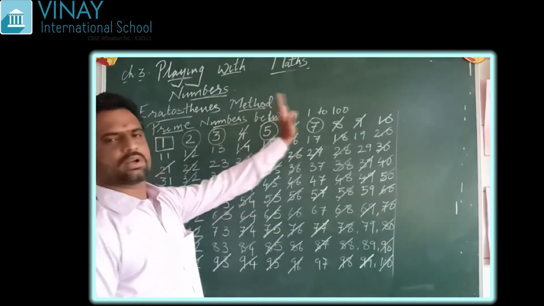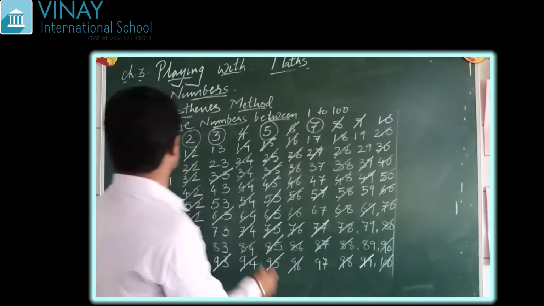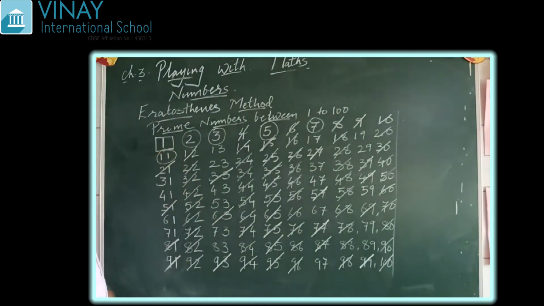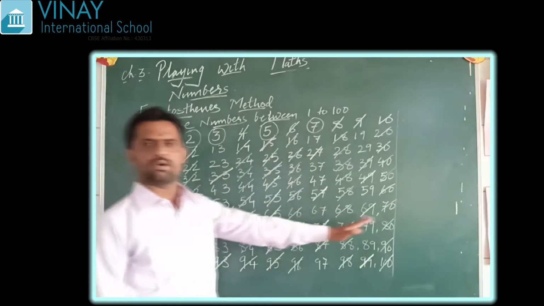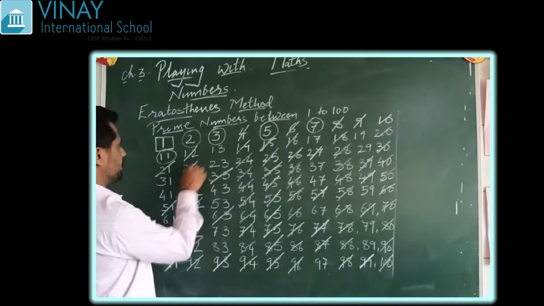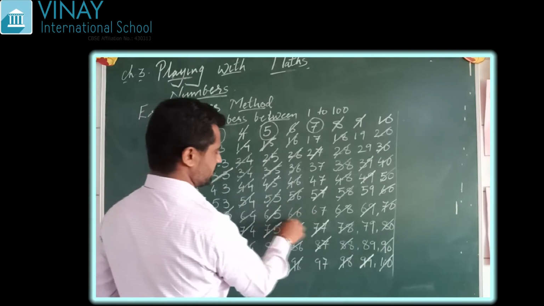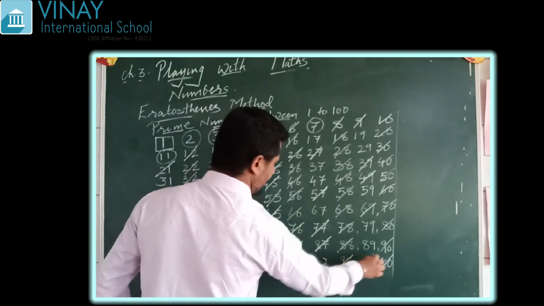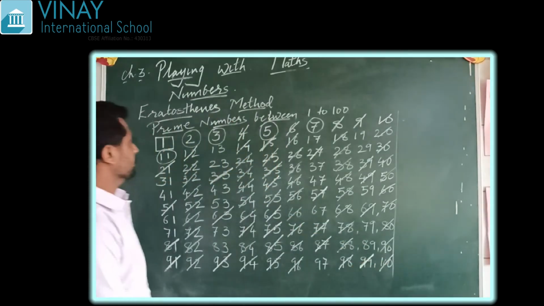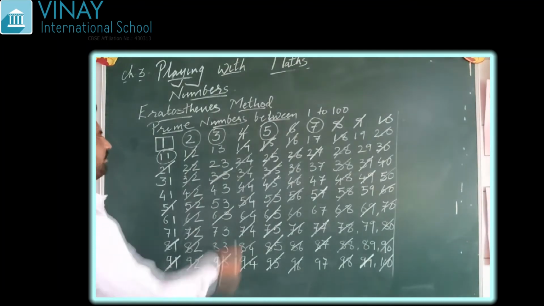Now if we move toward the next number, the next prime number is 11. Now cut all the multiples of 11. That is 22, 33, 44, 55, 66, 77, 88 and 99. Now let us do 13 also.